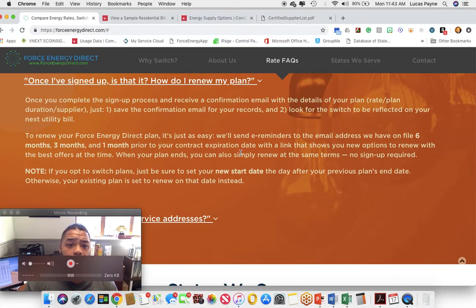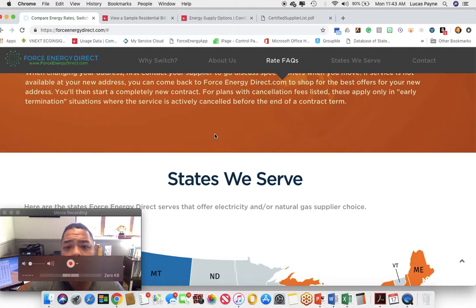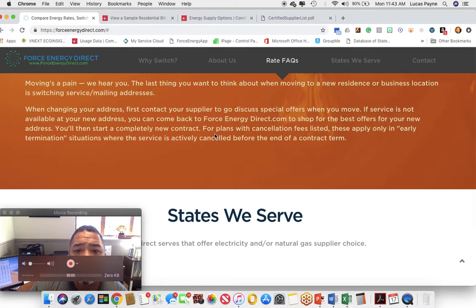We can do all of that right here on this platform for them and find them the best rates on the market. It's really great. And if they change their service address or break, we can go to their supplier to discuss special plans for them. As with any contract, there could be termination penalties, but we will help them with them. Ask them to reach out to us, and if they have to leave their contract for some reason, we'll make sure that they're in the best situation possible.